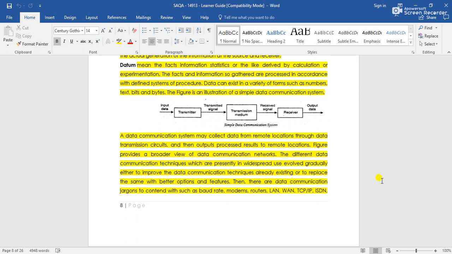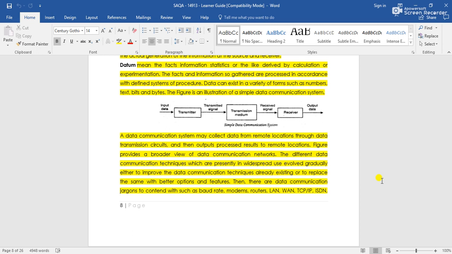The figure provides a broader view of data communication networks. The different data communication techniques which are presently in widespread use evolved gradually, either to improve the existing techniques or to replace them with better options and features.